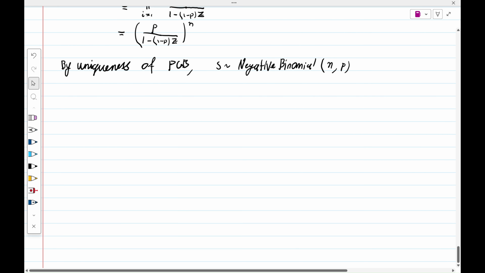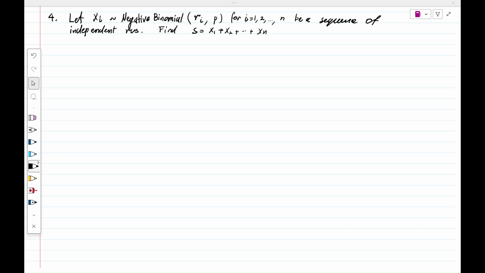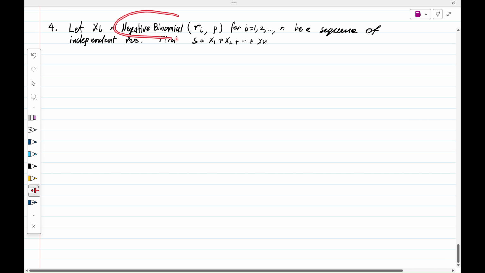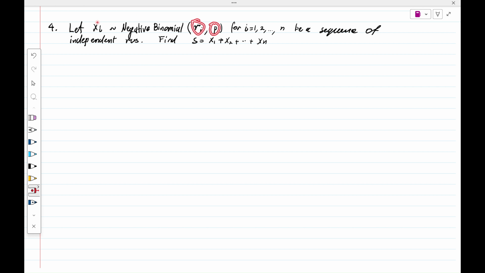Let's now look at a fourth example. In this particular example, we have a negative binomial random variable with parameters ri and p for each xi. In other words, each of the xi's have the same probability of success p, but rather they have a distinct number of successes required before the trials stop.